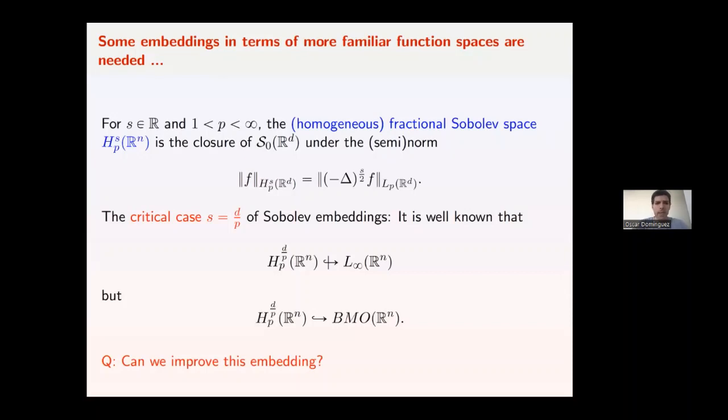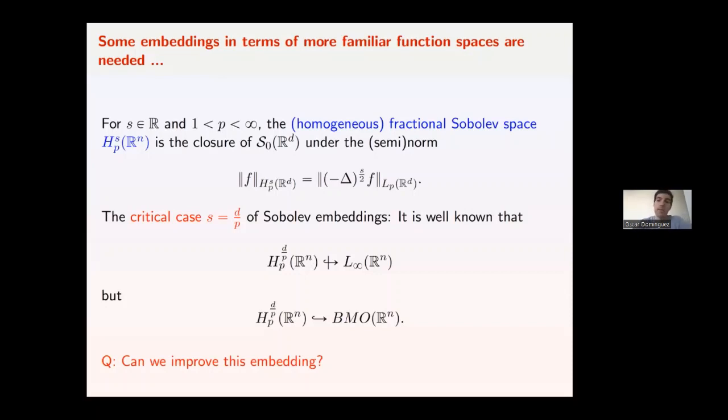So here, we are considering smoothness s, a real number, and p strictly larger than 1, strictly less than infinity. In this talk, I'm only interested in homogeneous spaces, so let me omit the dot above the H, so this will be interpreted adequately; we always work with homogeneous spaces.